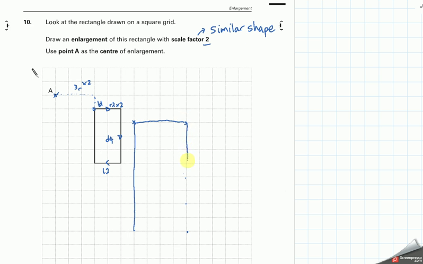Twice as big in each direction. Notice the area is not twice as big, but 4 times as big. 2 by 4 is 8 squares, 4 by 8 is 32, so it's actually 4 times bigger.